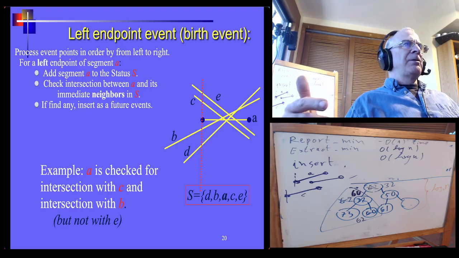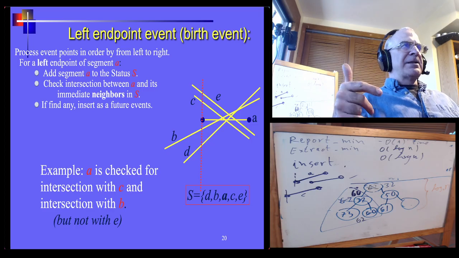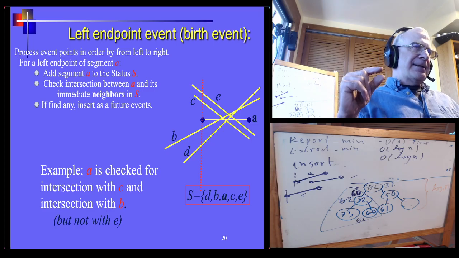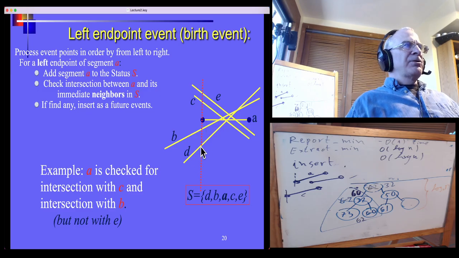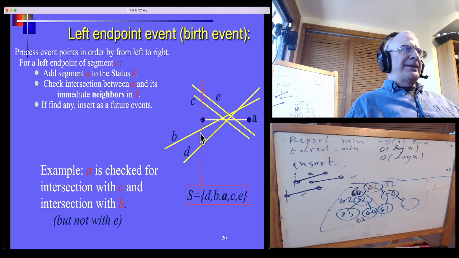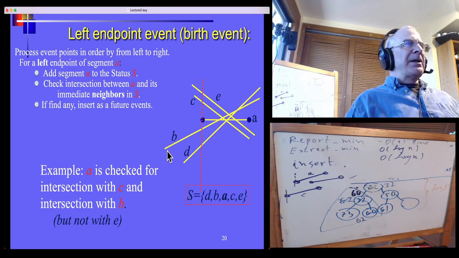My invariant will be: I know about all the events that happen between segments which are immediately neighboring. Now, of course, not every segment has two neighbors. Some of them, like D, have only one immediate neighbor. B is the only immediate neighbor of D. And when B was born, it didn't have neighbors at all.